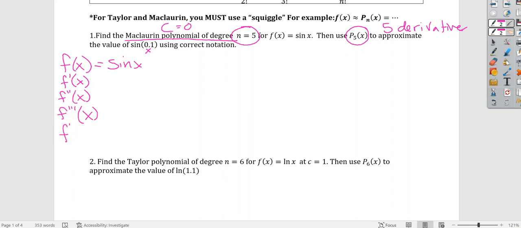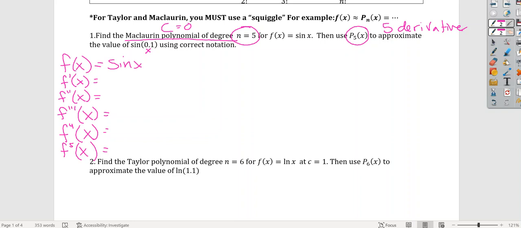After 3, you can just write 4. So just keep taking the derivative.